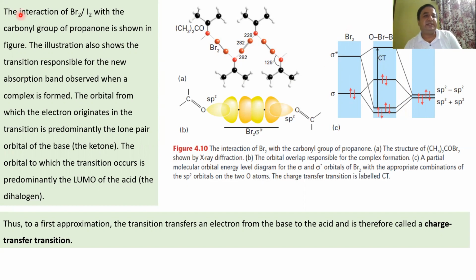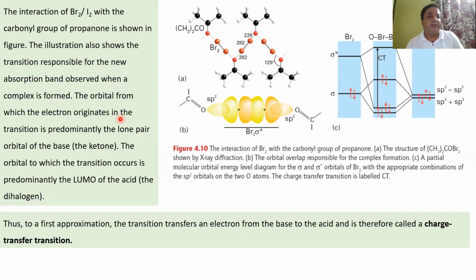So we can say over here, interaction of the bromine or iodine with the carbonyl group of propanone is shown in the figure as we have seen. And this particular illustration shows the transition responsible for the absorption band observed when the complex is formed. So this is the complex that is formed with the solvent and iodine, and this is the transition that is taking place.